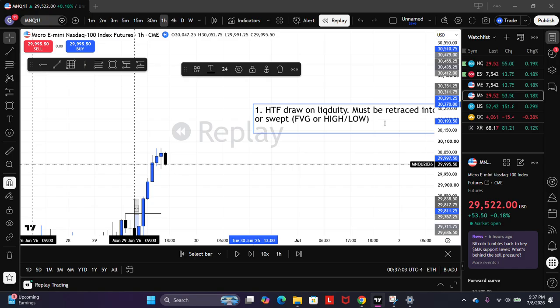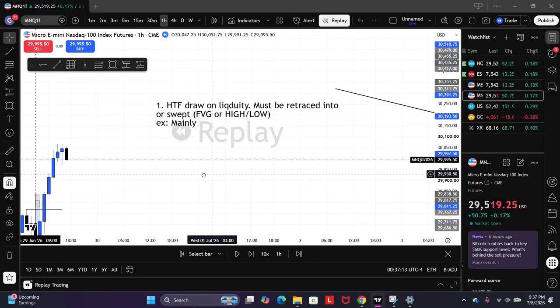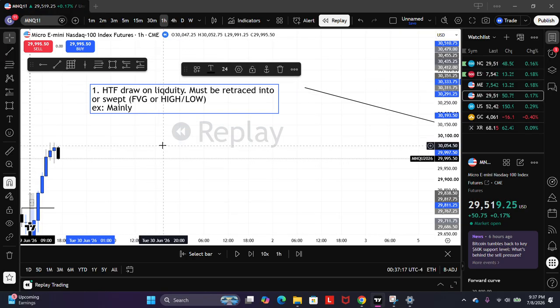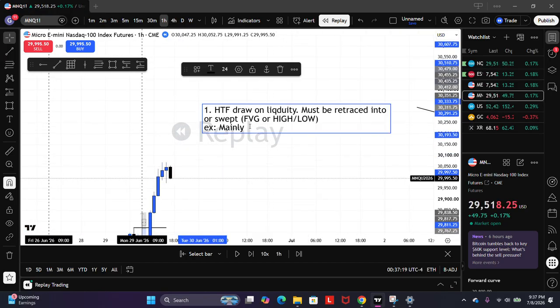High time frame. It's an example of this. Mainly hourly highs and lows slash hourly fair value gaps.